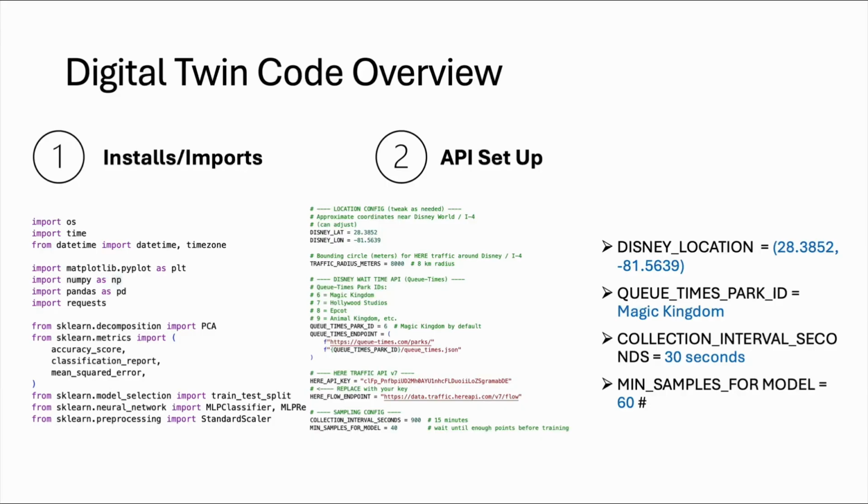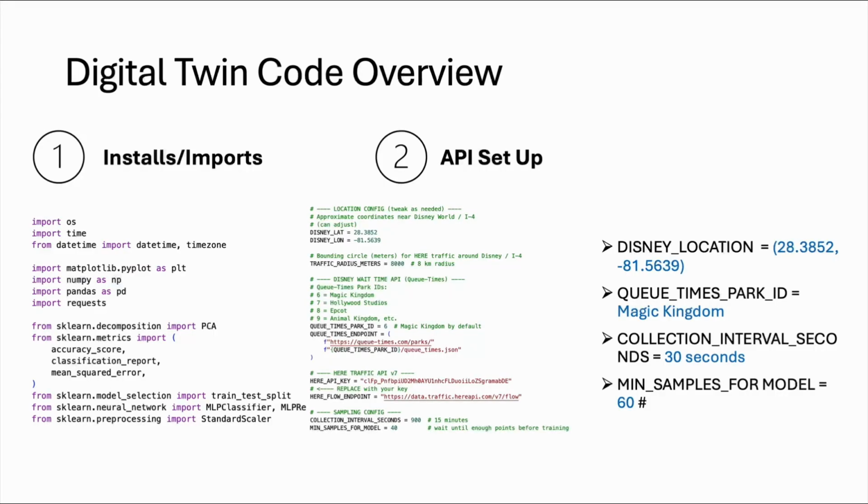So here's a quick overview of our code. We will first install and import all the modules we're going to use, and we'll be setting up the APIs. These are the main factors defined. We're going to fetch the traffic data based on the Disney location.